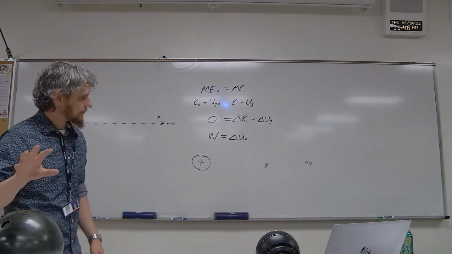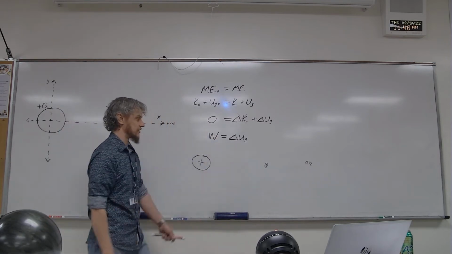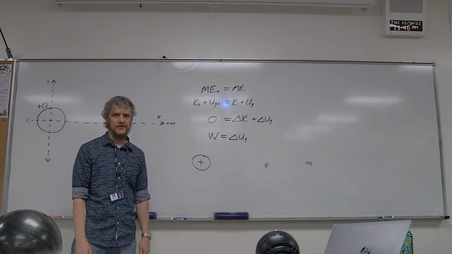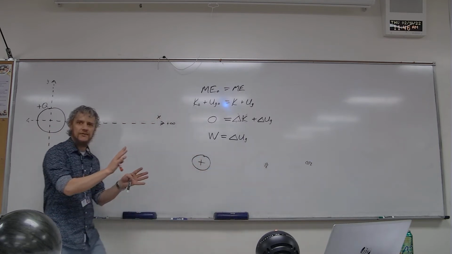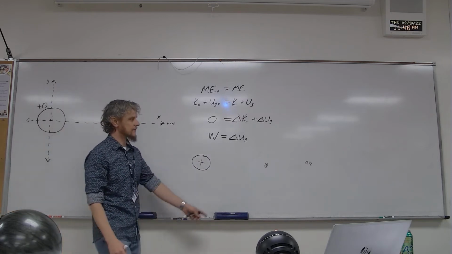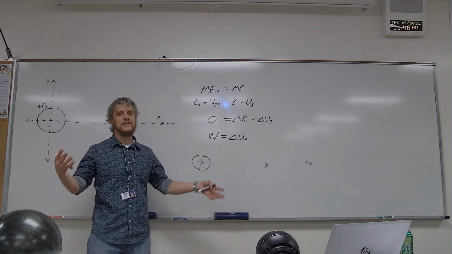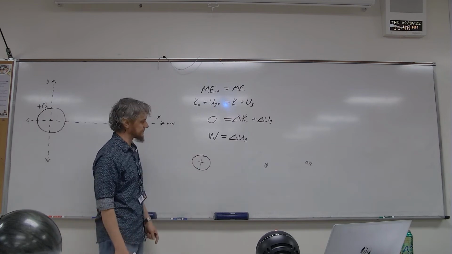The definition, or how we determine the potential energy of that guy, is how much work is required to put it there. But because the electric force here is repelling, we have to be more careful: with a negative charge it's the opposite, so we'll be dealing with negative and positive potential energies.